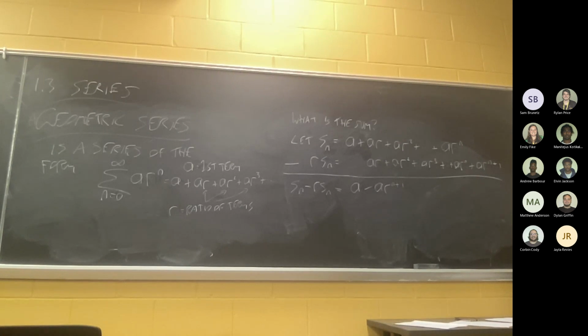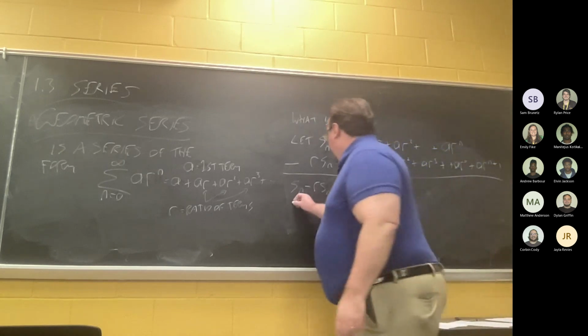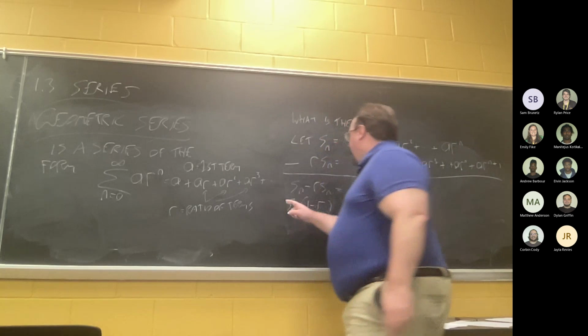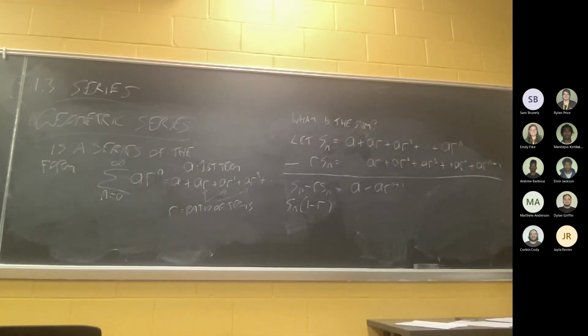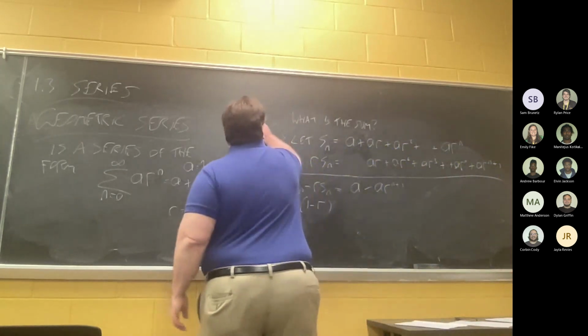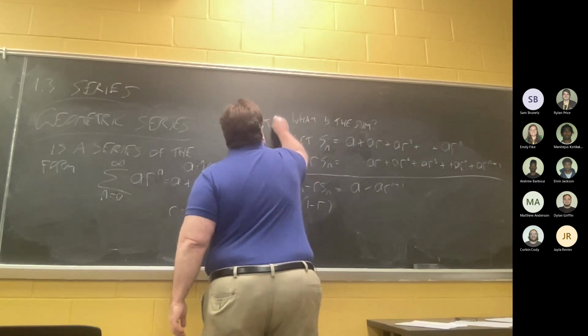All right, so now I can do a little factoring here. On the left side, I can factor out Sn, the nth partial sum.